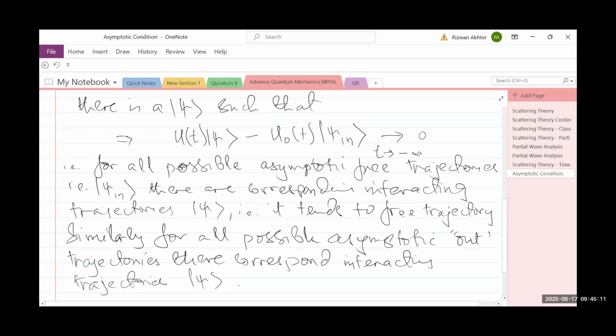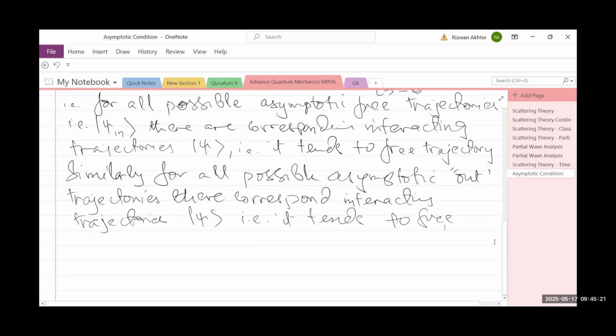That is, it tends to free trajectories. कैसे?